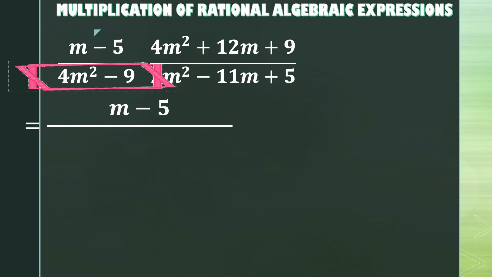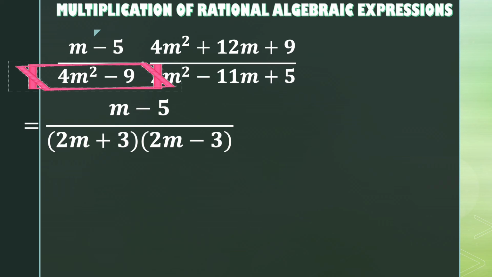So, gagawin natin, gagawa lang ng dalawang parentheses. Kuhanin ng square root ng first term, kuhanin ng square root ng second term, then yung sign natin, yung isa plus, yung isa minus. So, we have the square root of 4m squared, that is 2m. Square root of 9 is 3. Yung isa plus, yung isa minus.